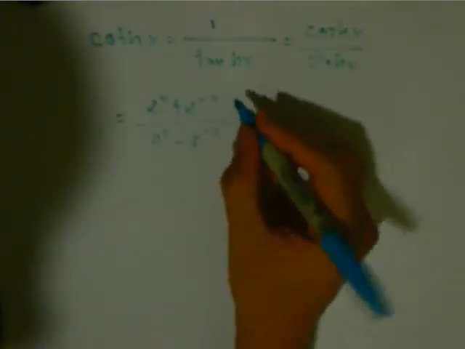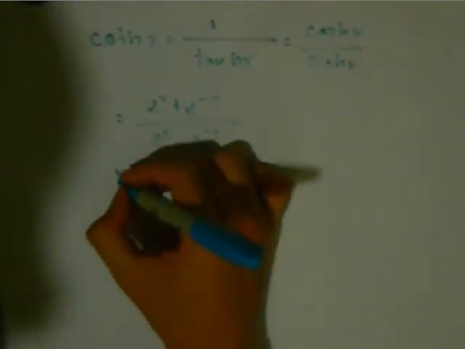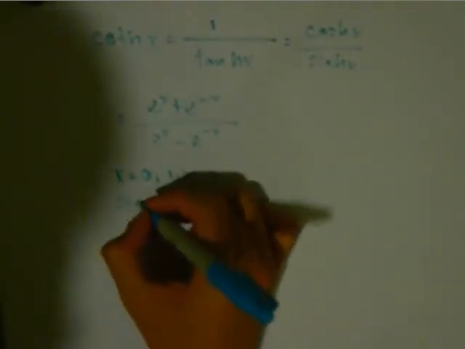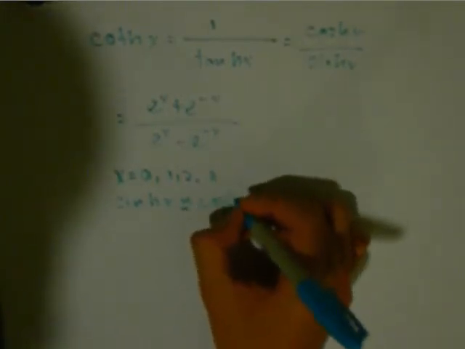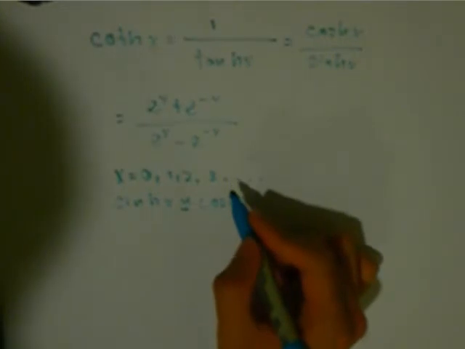Like in the tangent hyperbolic x graph, if we substitute values of x equals 0 and increase those values, we start to see that sine hyperbolic x approximates cosine hyperbolic x. But in tangent hyperbolic x, when we substitute values of x and increase them, the answer we get is an increasing value.